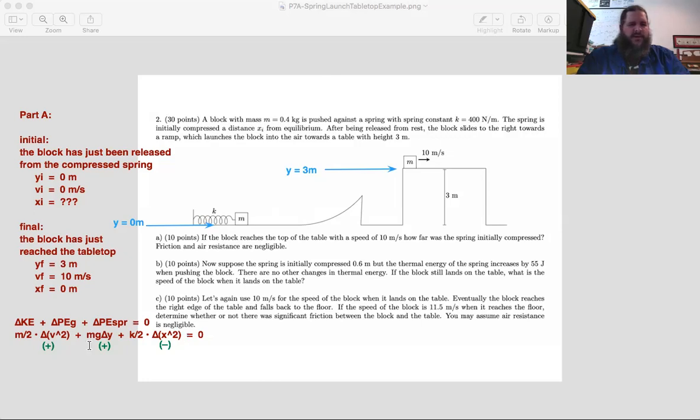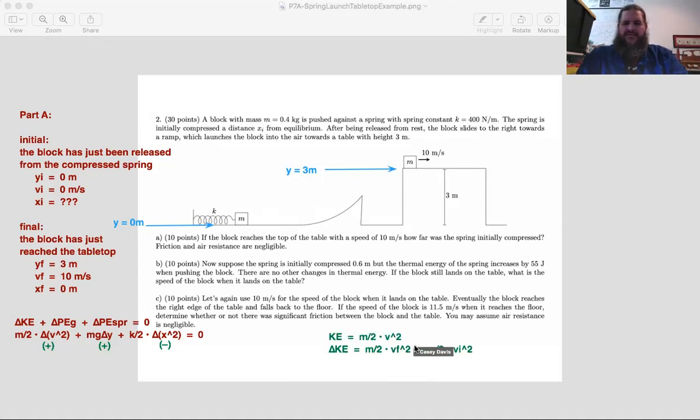The v squared is part of the formula for kinetic energy. In general, translational kinetic energy is half the mass times the speed squared. If we apply a delta to that, that's the final half the mass times speed squared minus the initial half the mass times speed squared.